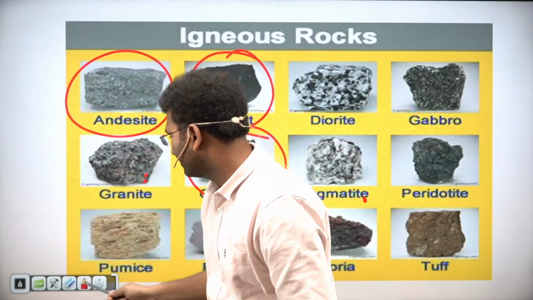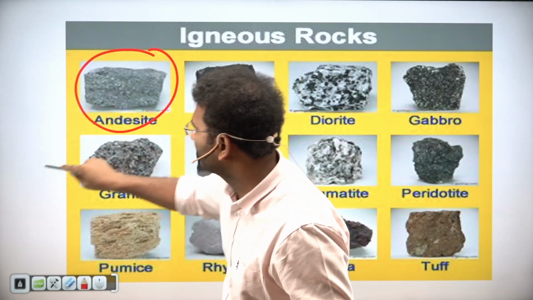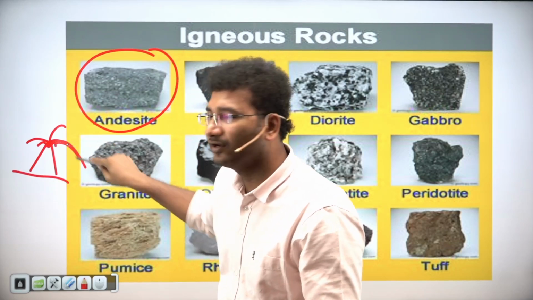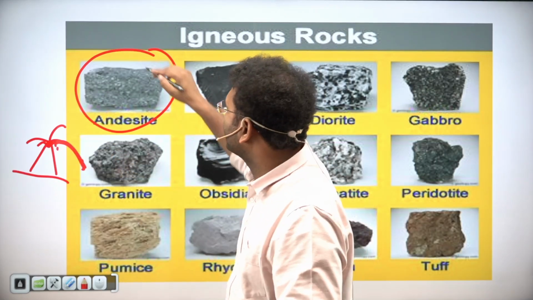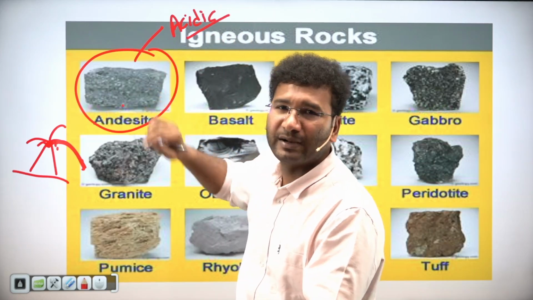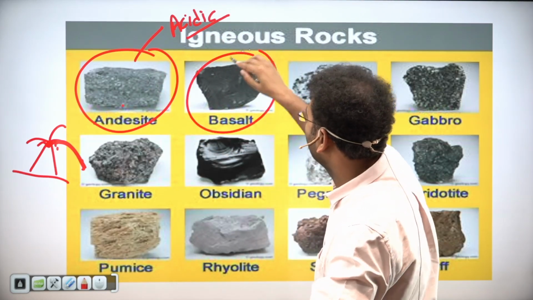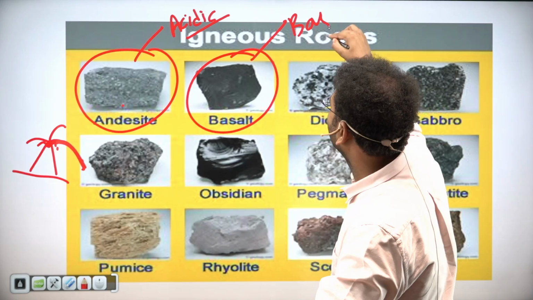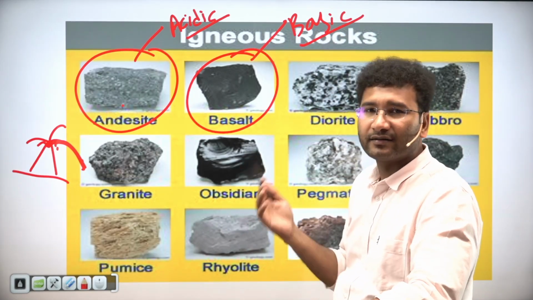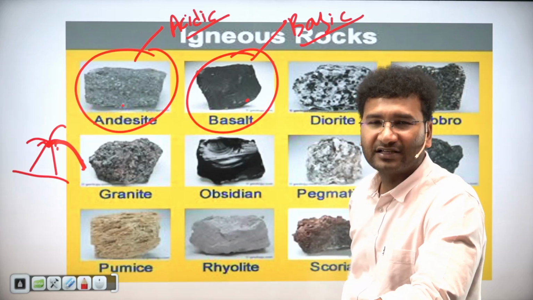See here, suppose this is a volcano and this volcanic material is pouring out, and the volcano has good acid content. Acidic content is more. Now this will become andesite. If it has basic content, basic means where the pH is a little higher, that is called basalt.